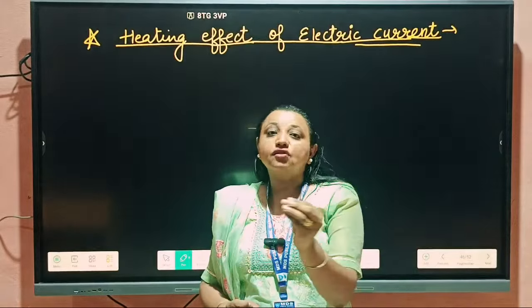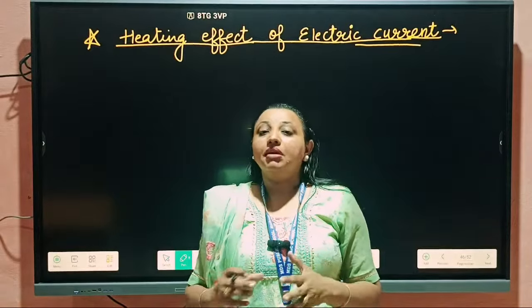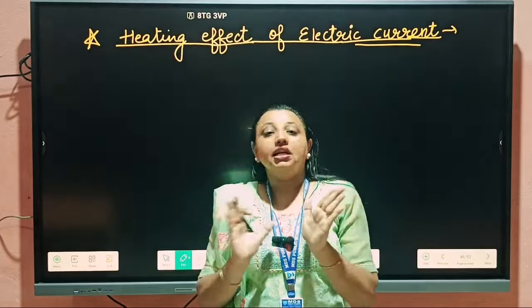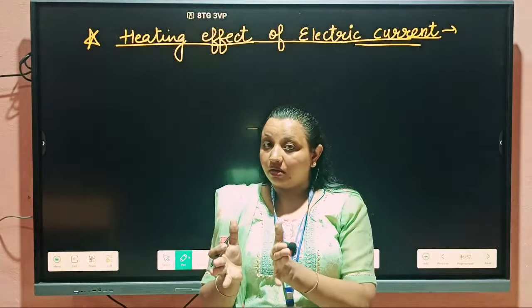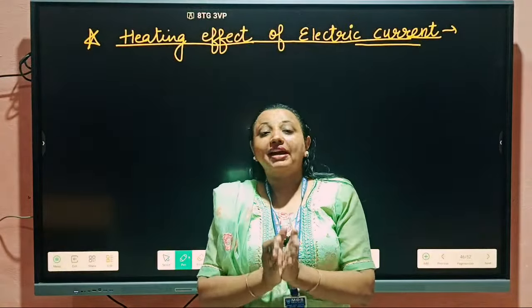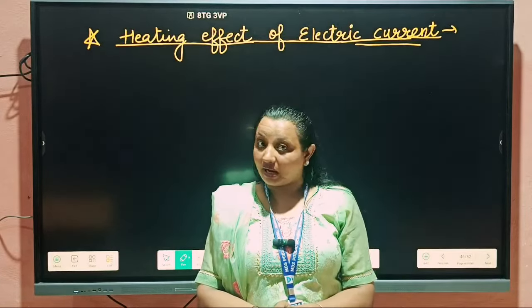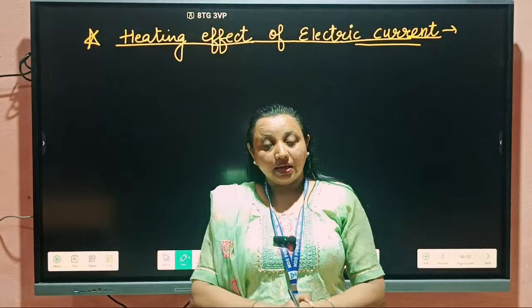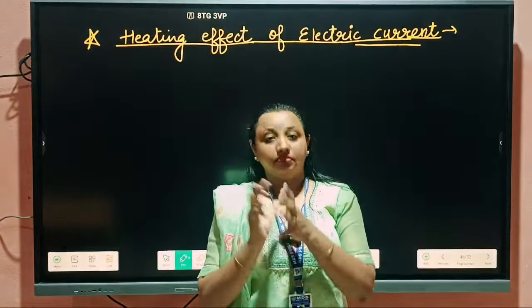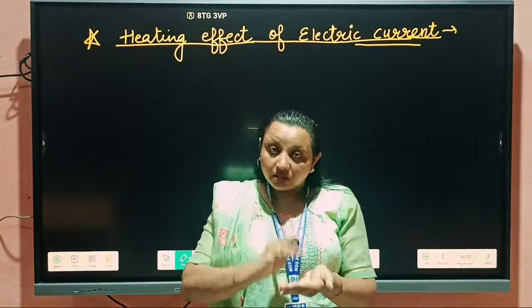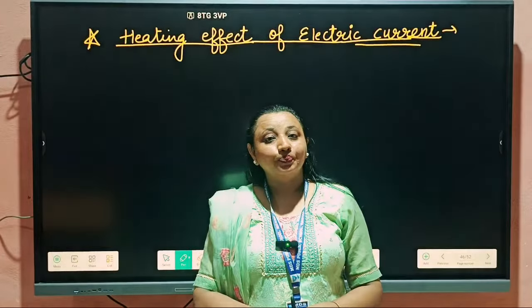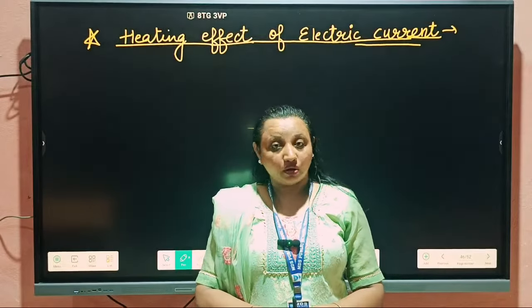And when current starts flowing, there may be many electrons, atoms and ions. Electrons collide frequently, many times, several times with other atoms, electrons and ions. Due to this collision, there is loss of their kinetic energy, which ultimately transforms into heat energy according to the law of conservation of energy.